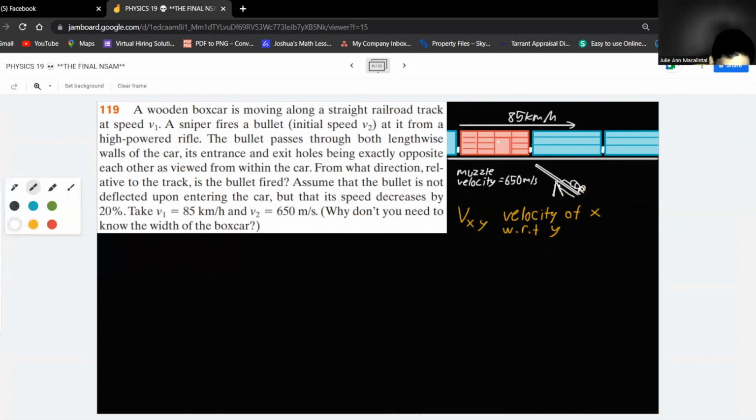Okay, ito lang po yung gagamitin ko. So, the velocity of the car to ground. Tapos, susulat po lahat.